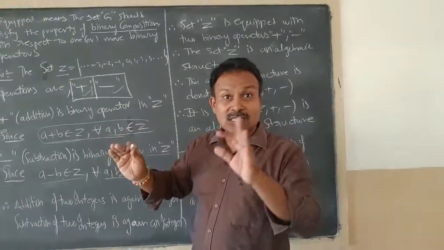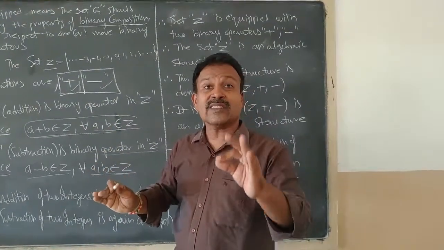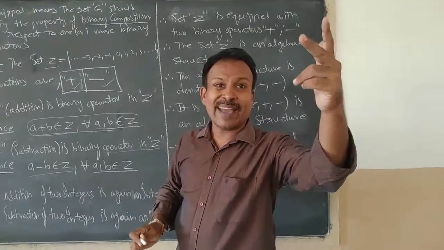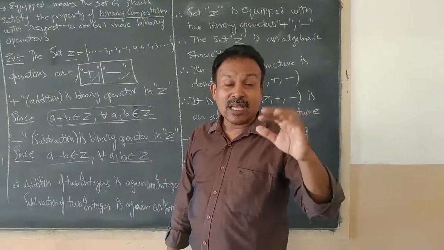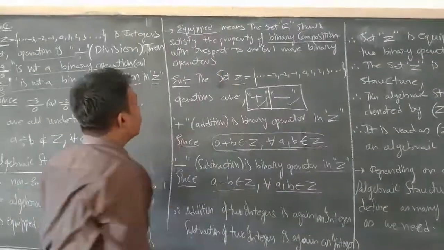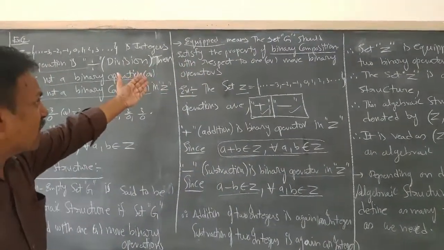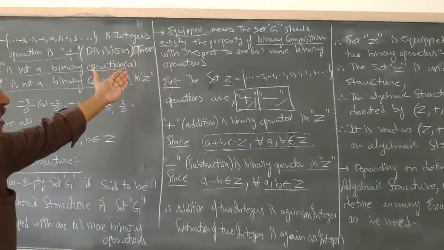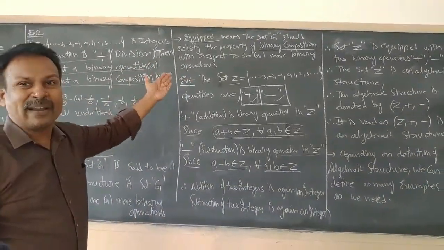That is why the set of integers is equipped with two or more binary operations. What is the meaning of equipping? Equipping means the set G should satisfy the properties of binary operation with respect to one or more binary operators.